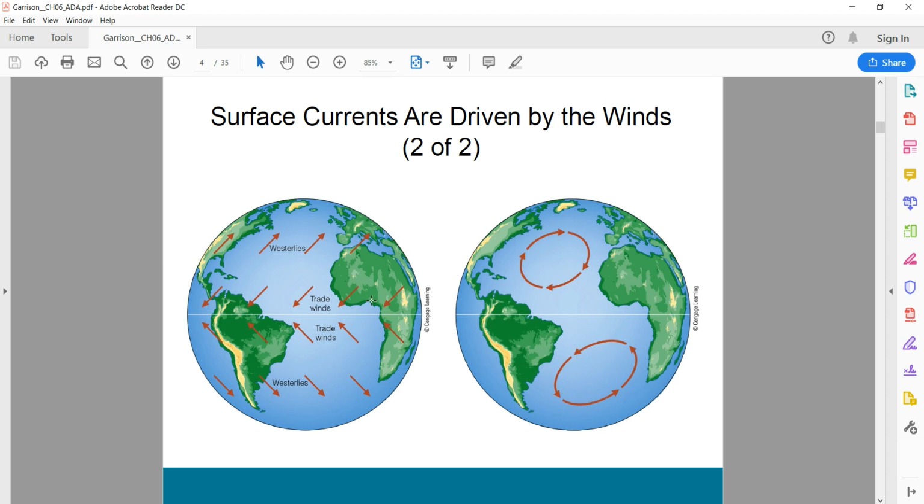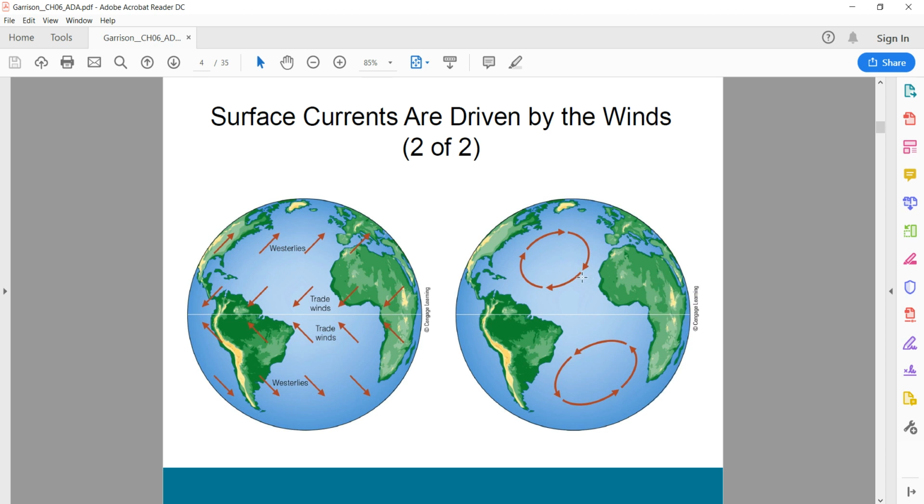That is why you have this kind of circular pattern. Because of the Coriolis effect, there is this rotation of ocean surface currents, and that is strongly dependent on the nature of the wind which is directly in contact with the surface currents.